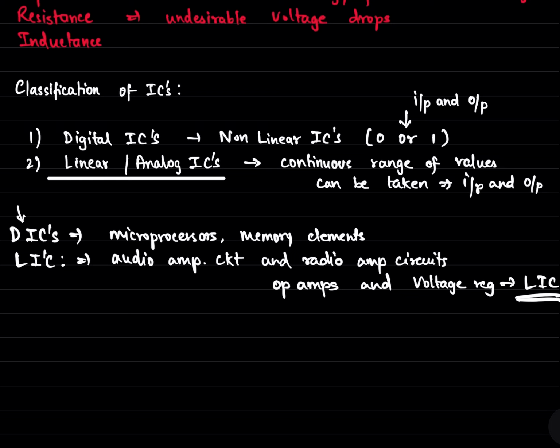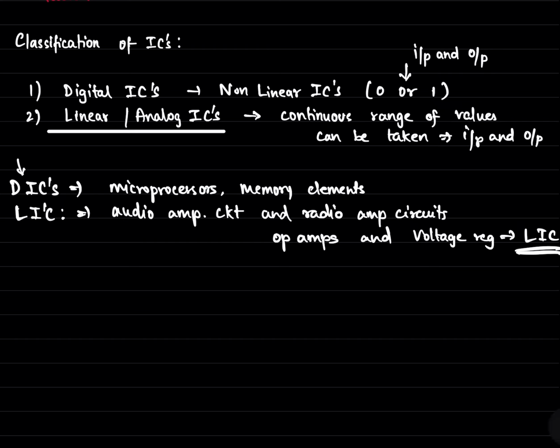In linear ICs, there are fewer transistors than in digital ICs. Why? Because in digital ICs, let me write it, less number of transistors in LIC than DIC.